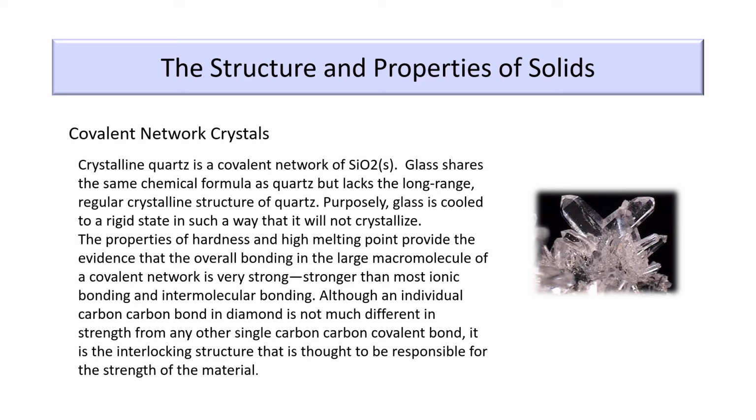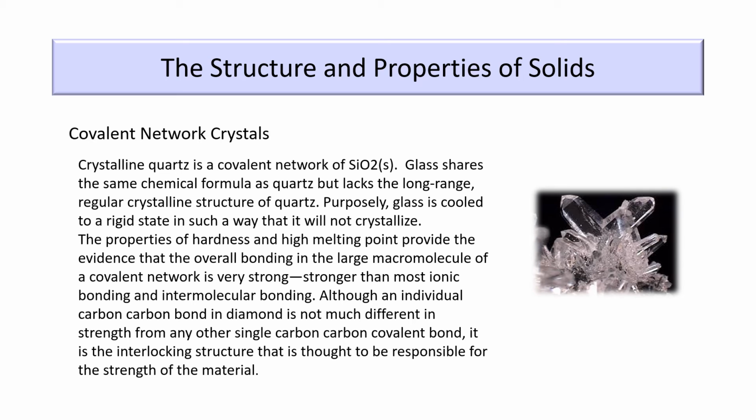The properties of hardness and high melting point provide the evidence that the overall bonding in the large macromolecule of a covalent network is very strong, stronger than most ionic bonding and intermolecular bonding.